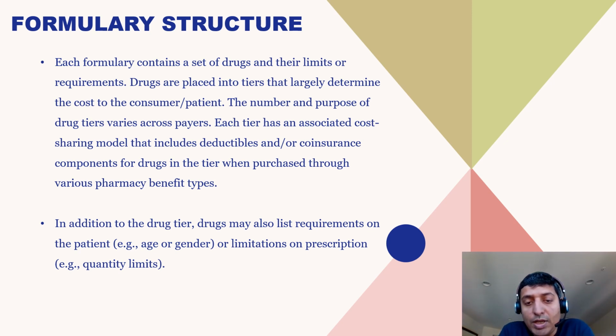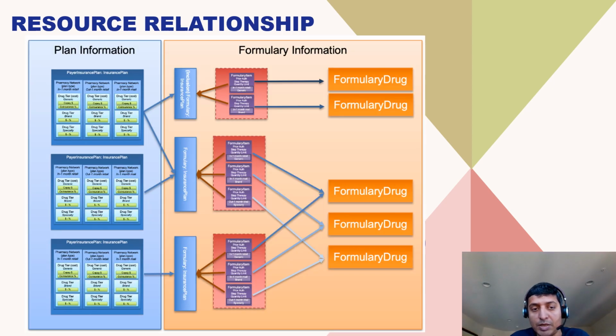Drugs are placed into tiers that largely determine the cost to the consumer or patient. The number and the purpose of the drug tiers vary across payers. Each tier has an associated cost sharing model that includes a deductible and/or coinsurance component for drugs in the tier when purchased through various pharmacy benefit types. In addition to the drug tier, drugs may also list requirements on the patient, such as age or gender, or limitations on prescription, for example, quantity limits.